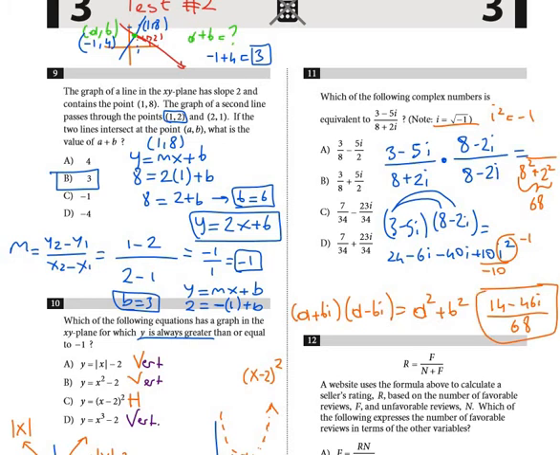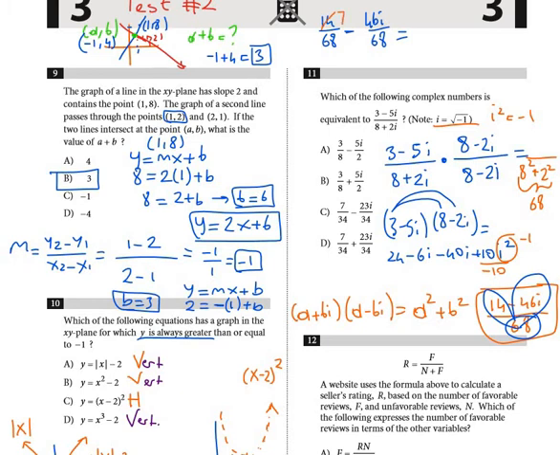However, we don't see this form in the answer choices, so we need to separate this. We are going to separate it like 14 over 68 minus 46i over 68, because 68 is the common denominator for both 14 and negative 46i. Now we need to simplify.